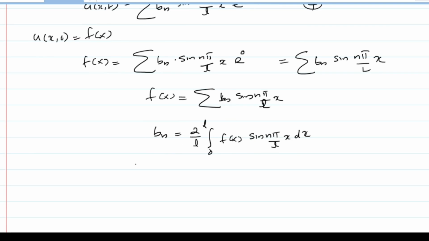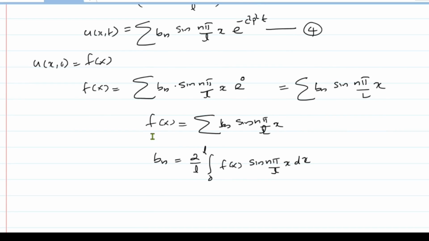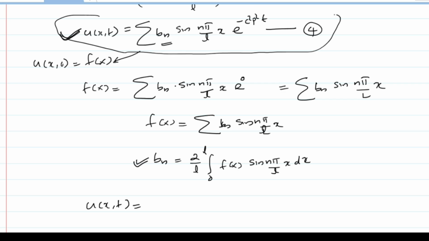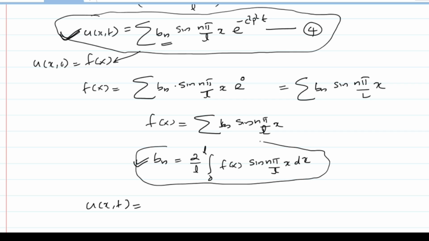Therefore, from equation number 4 we have u(x,t). In order to find bn, we apply the initial condition f(x). So for writing the equation, first write this equation, and bn is found by this particular step.